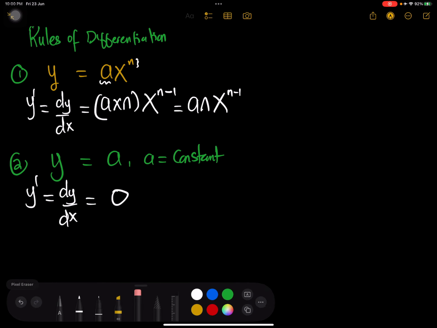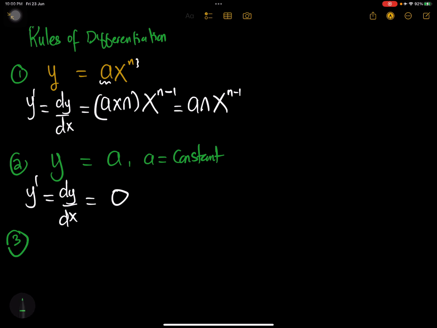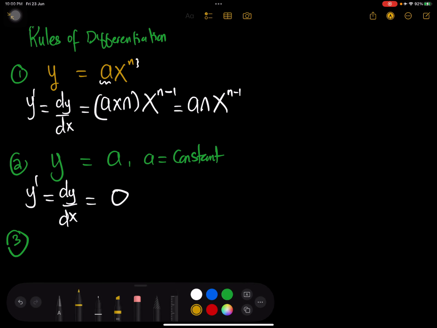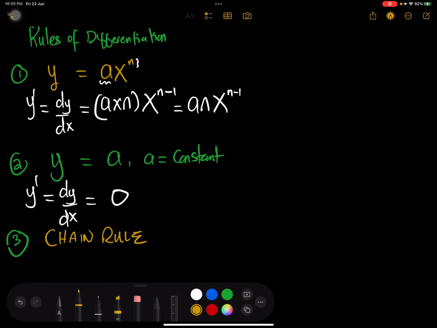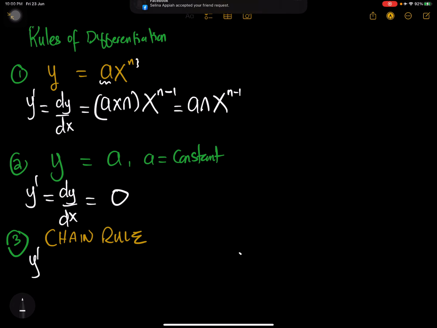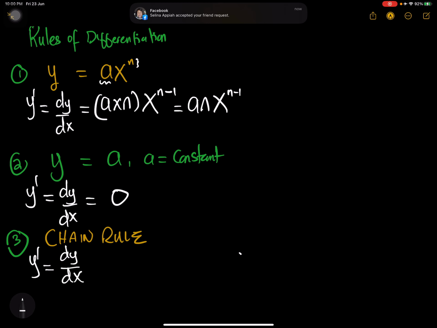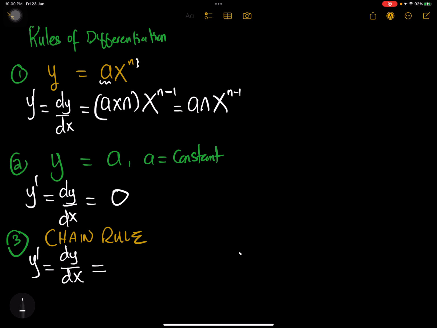Now, the third rule is known as the chain rule. It says that our y1, which is y prime, equal to dy over dx, is going to give us dy over du multiplied by du over dx.